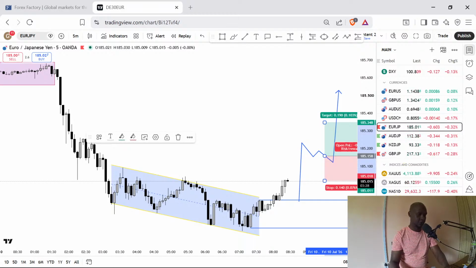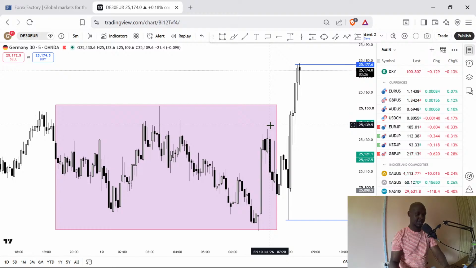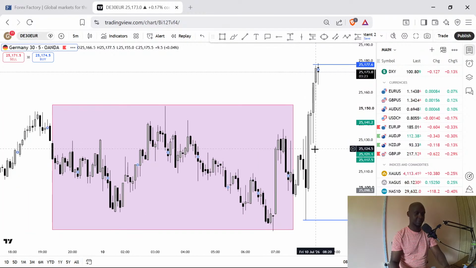But for now, my focus will be on the DAX, because with the DAX we already have the confirmation of momentum.